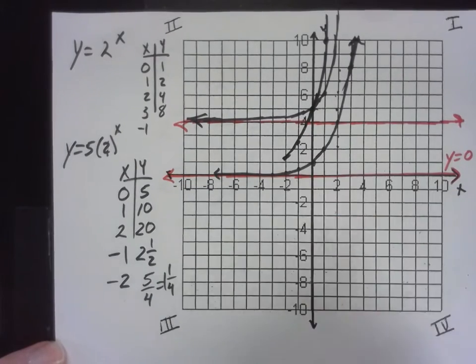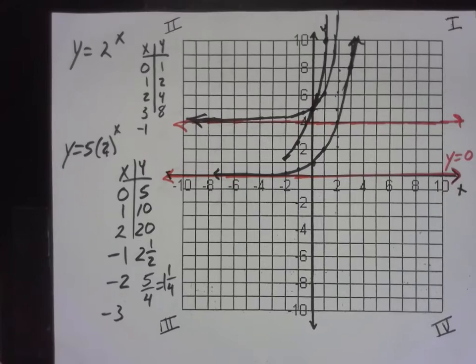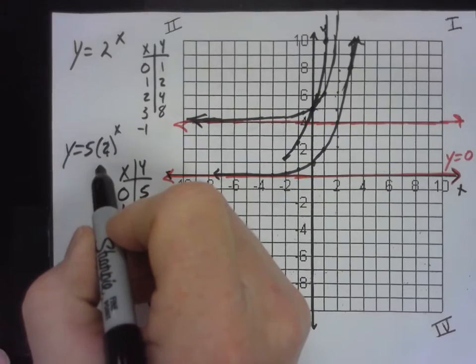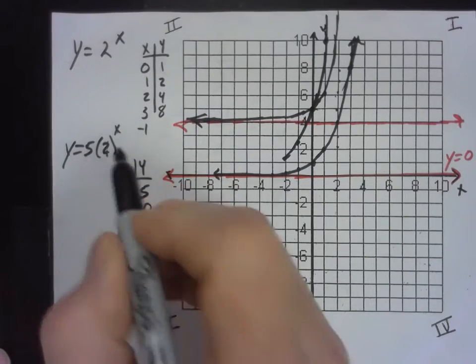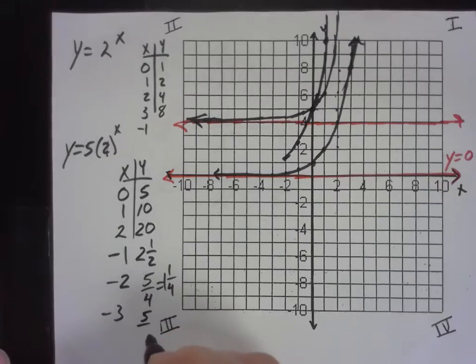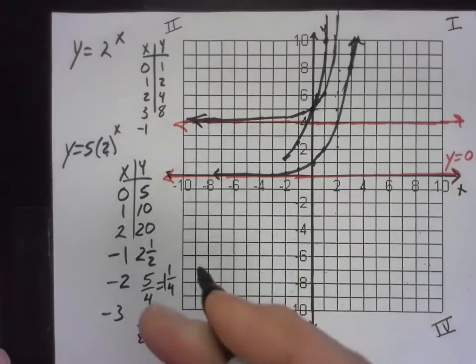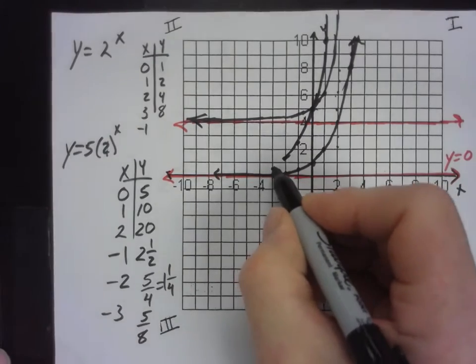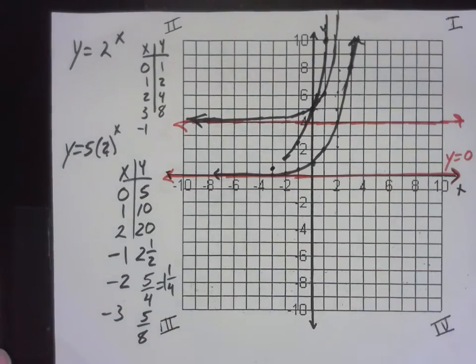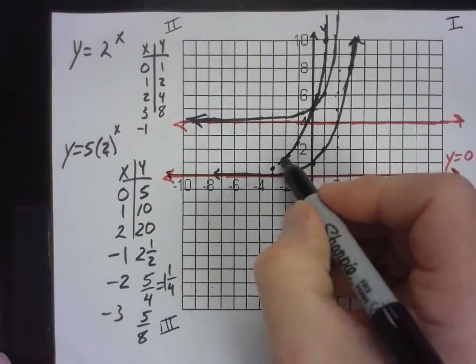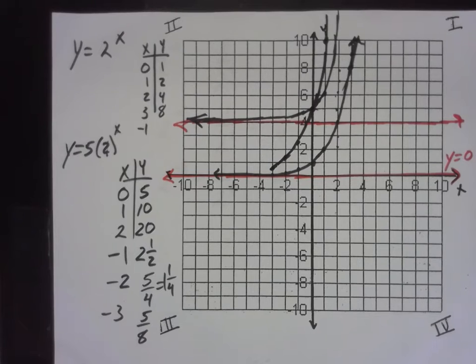Where's this thing starting to turn? Put a -3 in. What do we get? 5/8. Okay, so that's close to a half, a little more than a half. What's going on with the asymptote again?